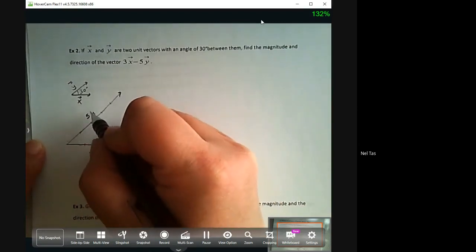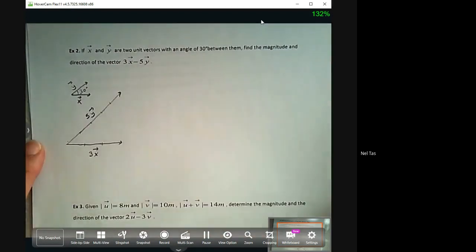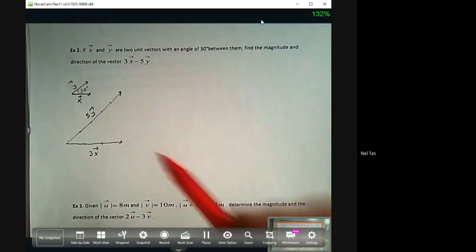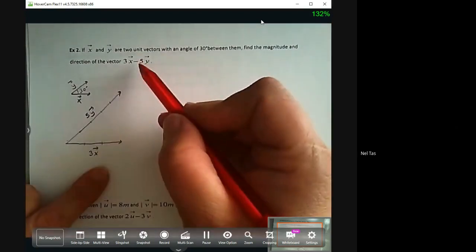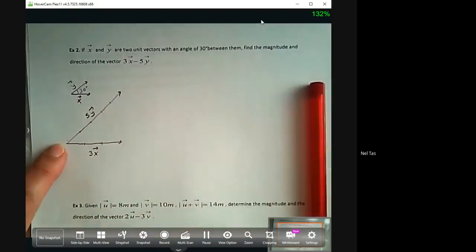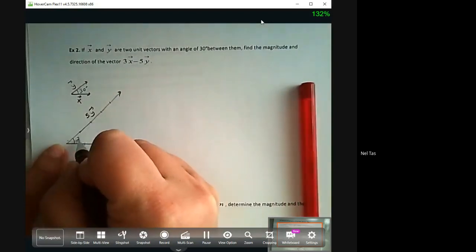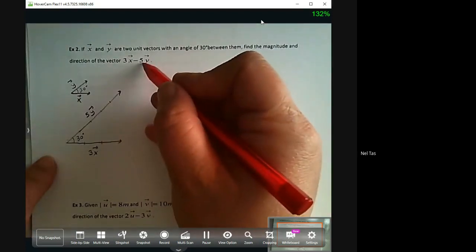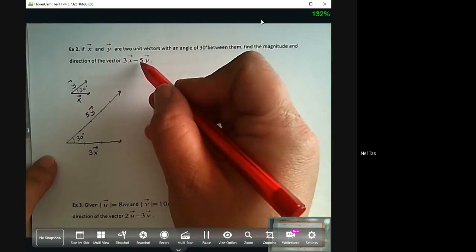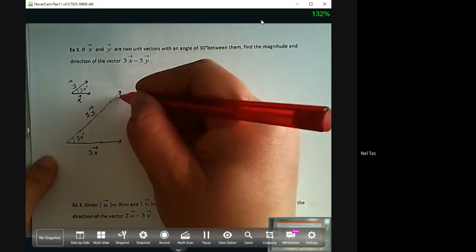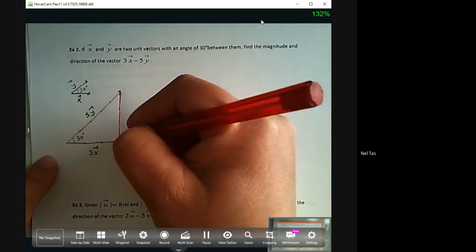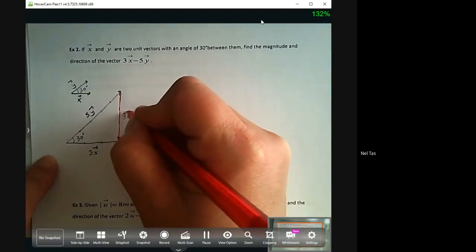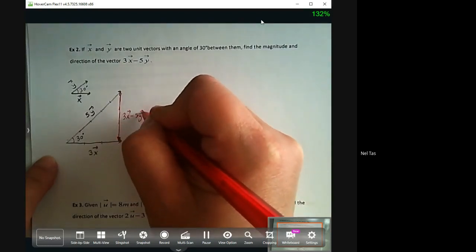So this is the 5y vector. And I'm looking for 3x minus 5y. So they are tail to tail. Of course, when I multiply them, the angle between them doesn't change. It's still 30 degrees. So for 3x minus 5y, you start from the head of the negative vector and go to the head of the positive vector. That is 3x minus 5y.